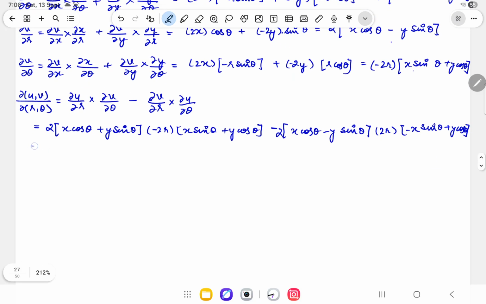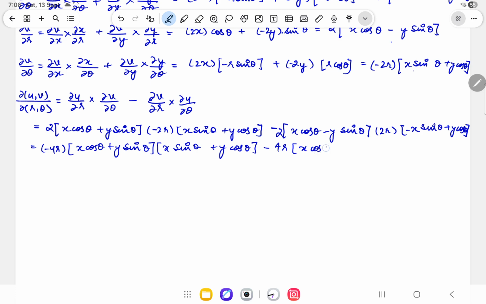So this thing is equal to minus 4r into x cos theta plus y sin theta into x sin theta plus y cos theta, minus 4r into x cos theta minus y sin theta into minus x sin theta plus y cos theta.